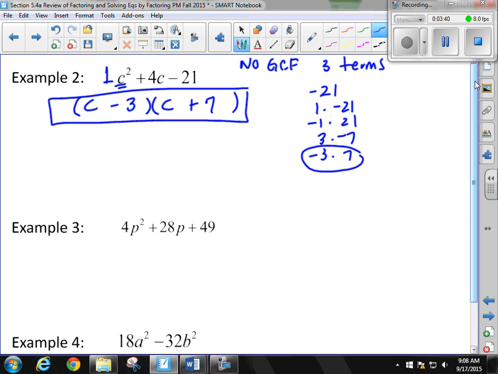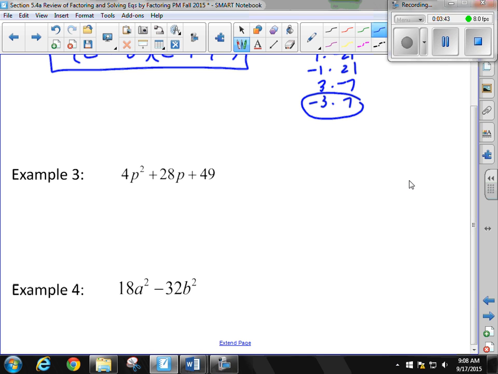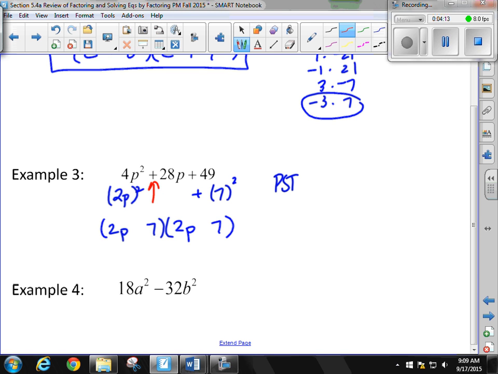When I look at example number 3, no common factor. When I look at 4 and 49, I know there's nothing in common there. But I do notice that the first term can be written as a perfect square, and the last term can be written as a perfect square, and it is positive. So I might have a perfect square trinomial. Remember, you do the first term, the last term, first term, last term, and you look at the middle term to determine what the possible sign here could be.